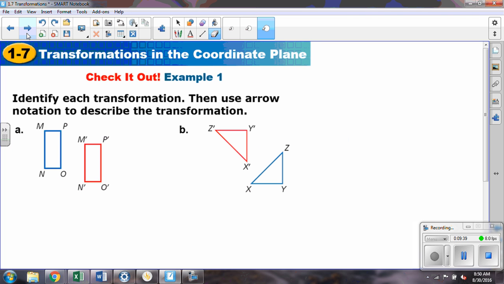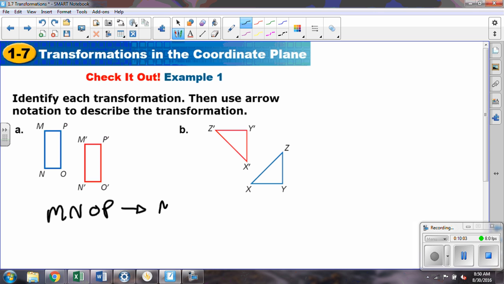What about these two? For problem A, is this a reflection, rotation, or translation? Translation. We can see M, P and M, P along the tops, M prime and P prime. And so we would have M, N, O, P got moved to M, N, O, P with each of our primes.